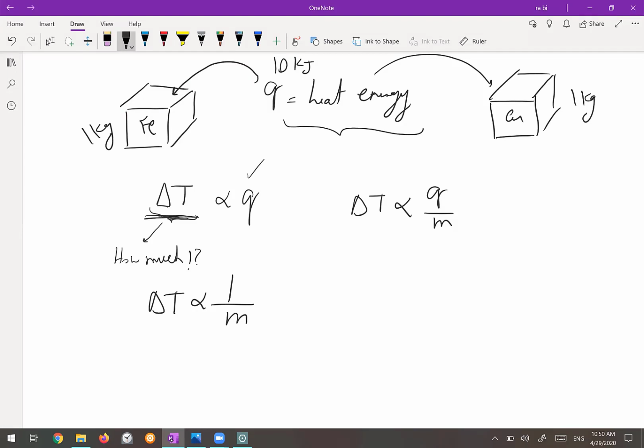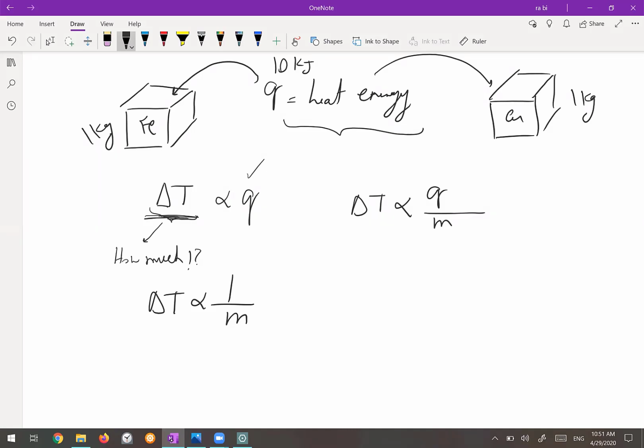You are transferring the same amount of energy to the same mass of two different materials, but their changes in temperature are different. So the type of the material is also important.